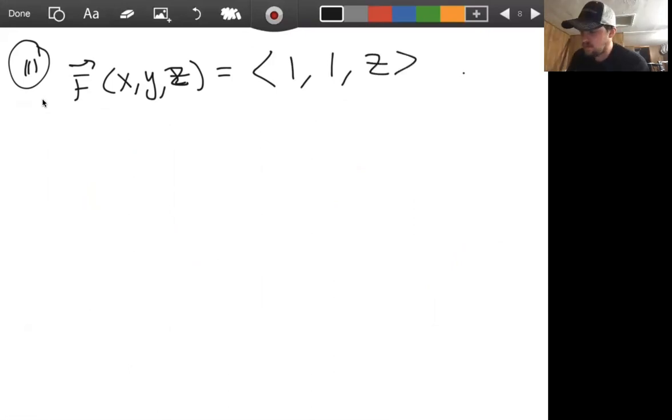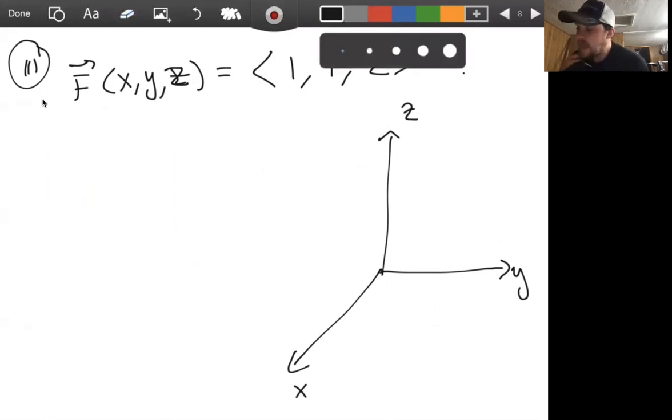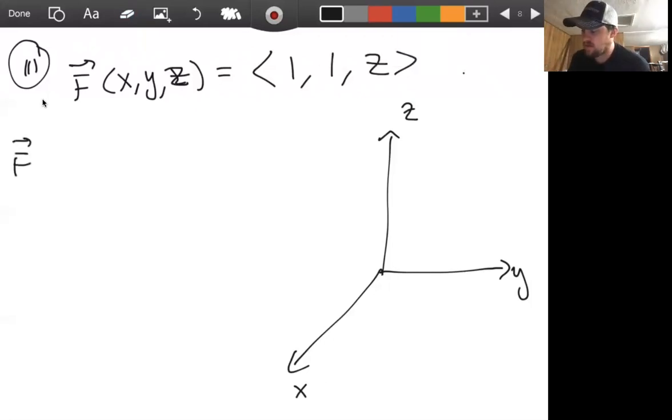Okay, and so now we have three-dimensional space, x, y, z here, and we want to look at some vector field, right? Well, again, we pick points. Let's start with the origin, 0, 0, 0. Well, that's going to be the vector 1, 1, 0.